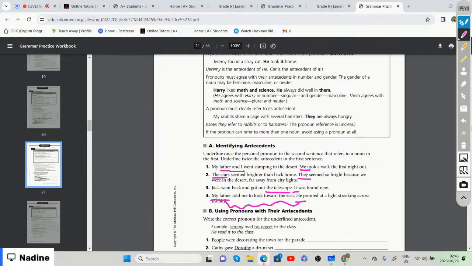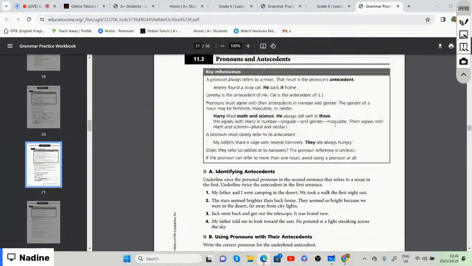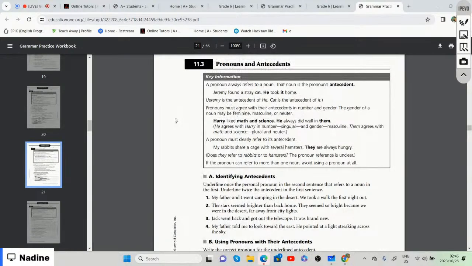All right, so that is basically our lesson on pronouns and antecedents. And we see that the pronoun always refers to a noun, because instead of repeating the noun all the time, we can just mention the pronoun.